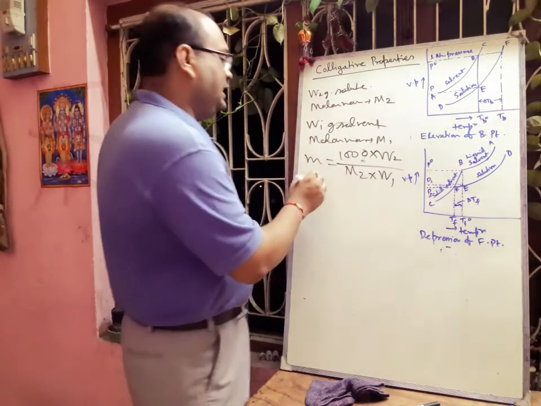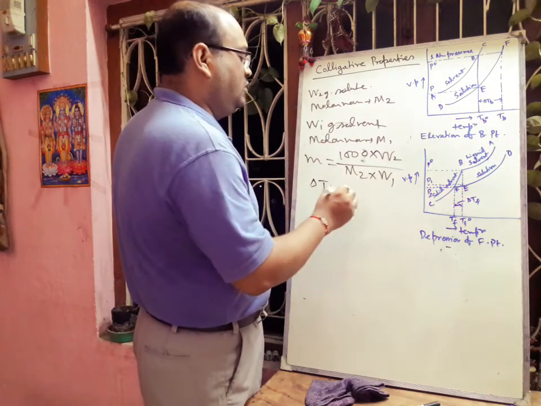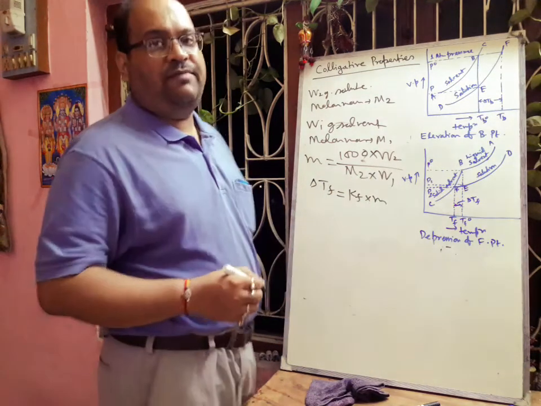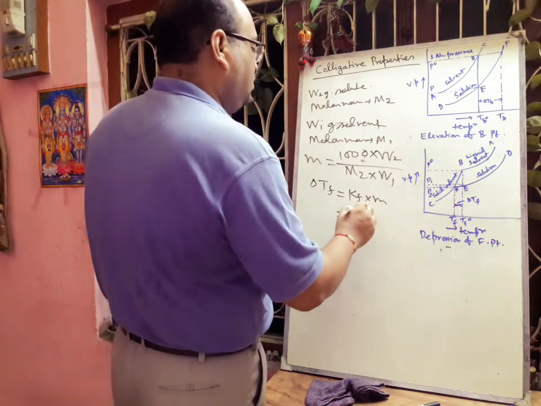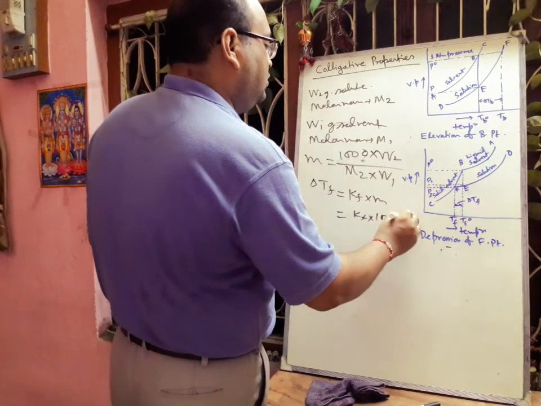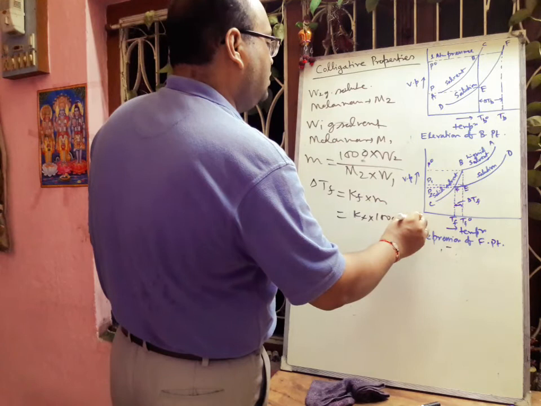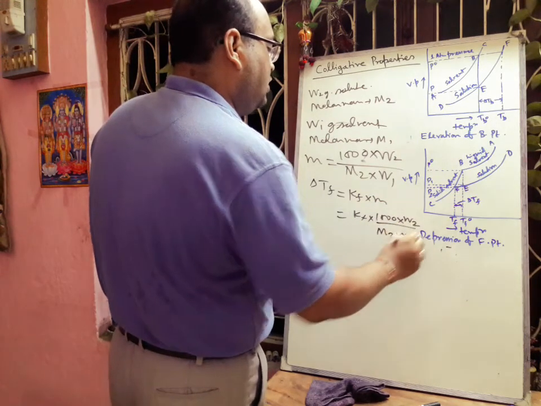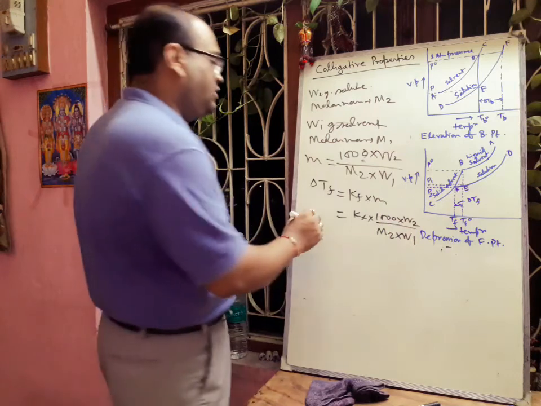Now we know that delta TF is equal to Kf into m. If we put the value of m here, delta TF is Kf into 1000 into W2 divided by M2 into W1. From here we can easily find out M2.